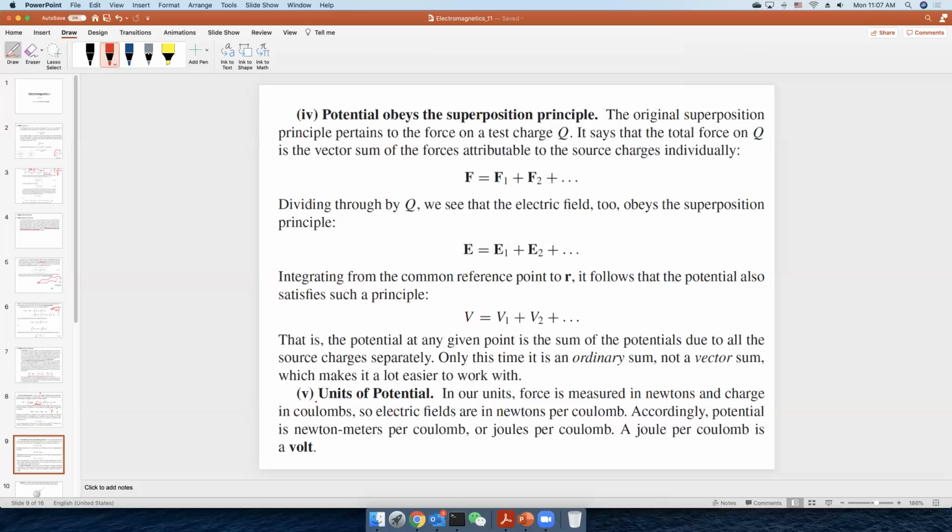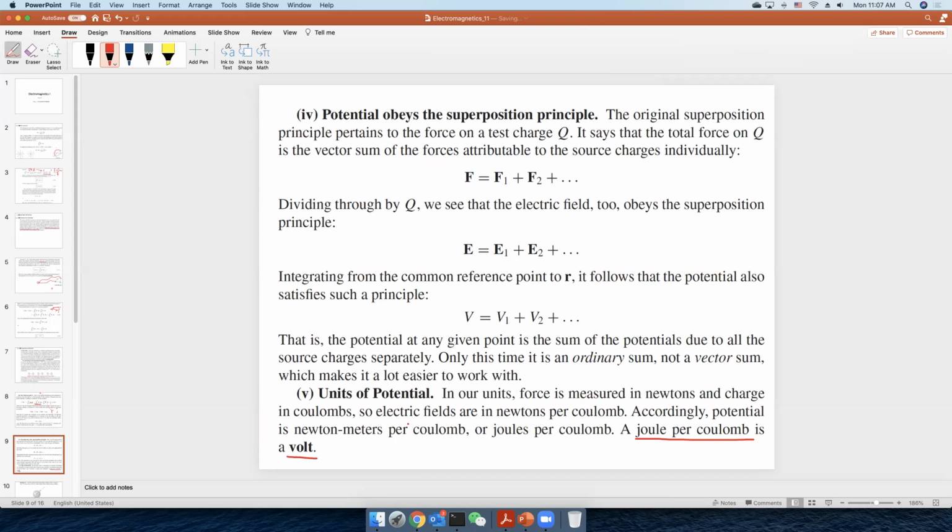Okay, last, the unit of potential. In our unit system, force is measured in newtons and charge in coulombs. So the electric field is in newtons per coulomb. Accordingly, the potential is newton meter per coulomb, or joules per coulomb. A joule per coulomb is defined as a volt.